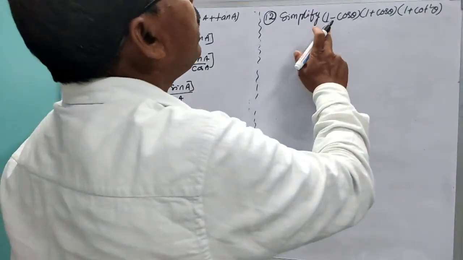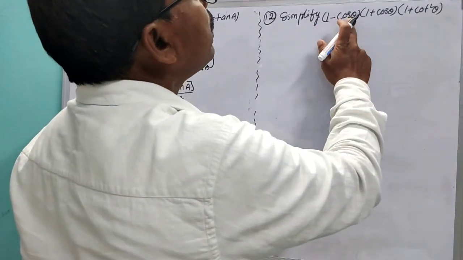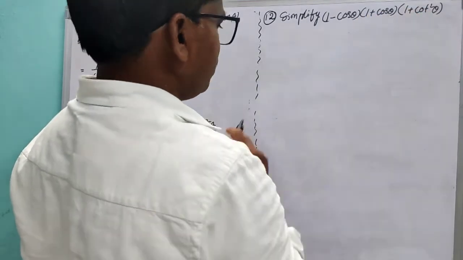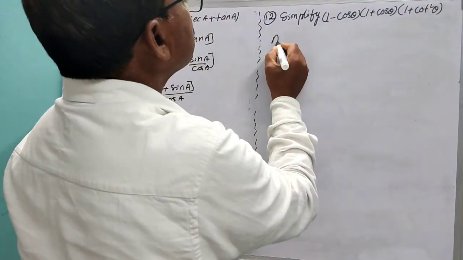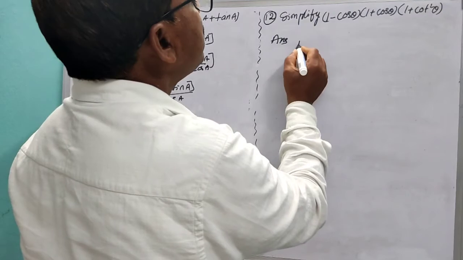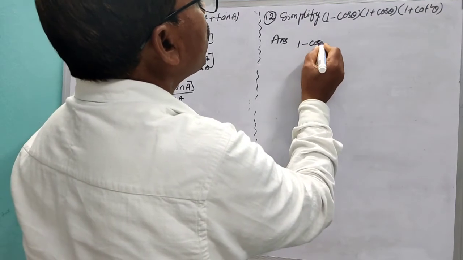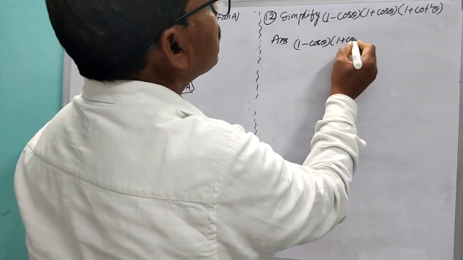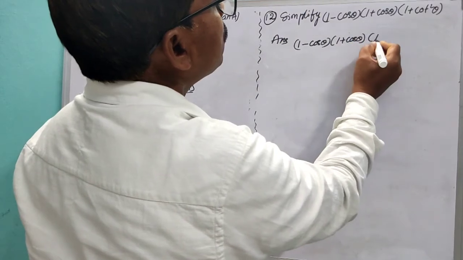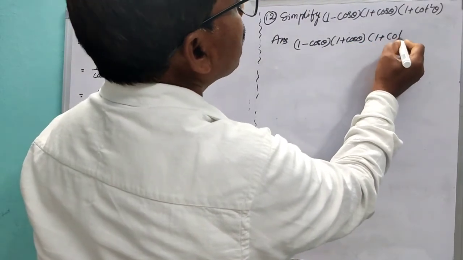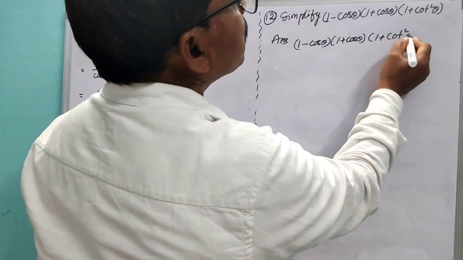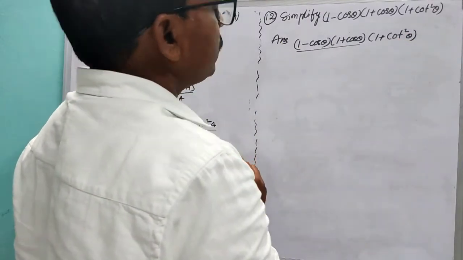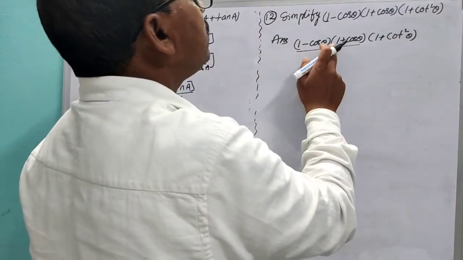And simplify (1 minus cos theta) into (1 plus cos theta) into (1 plus cot square theta). So this is very easy. Now consider these two terms: a minus b into a plus b form.